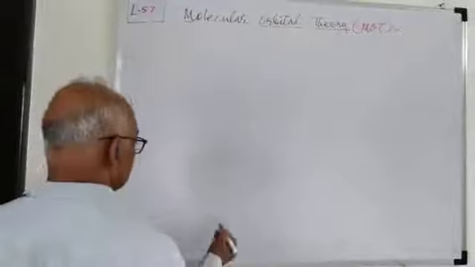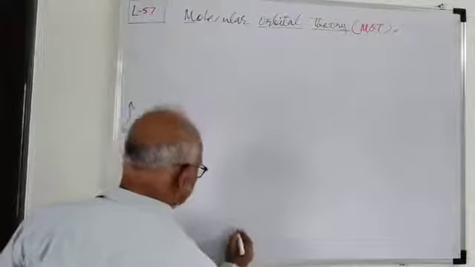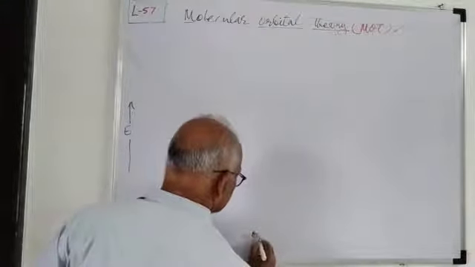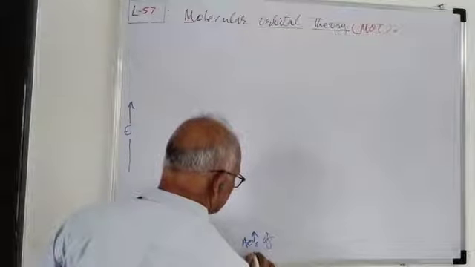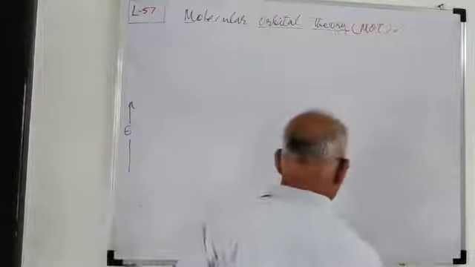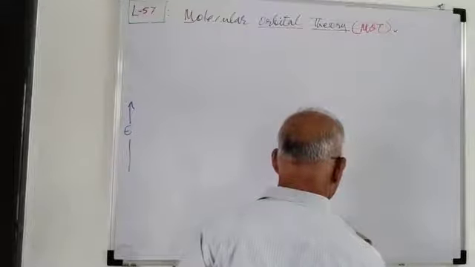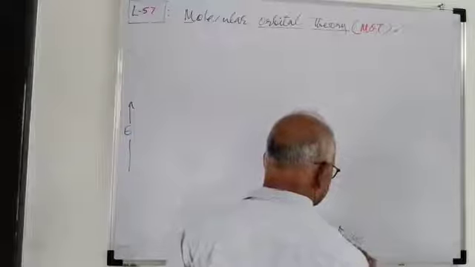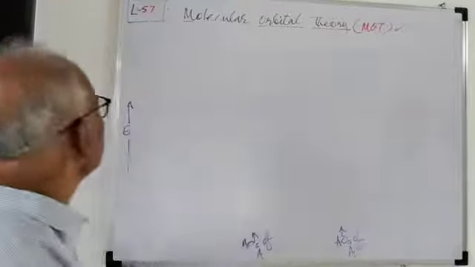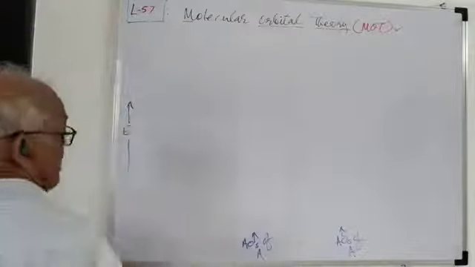First we will place here the atomic orbitals of, say, A. We are showing in this direction the atomic orbitals of another A, because we are considering homo-nuclear diatomic molecules.